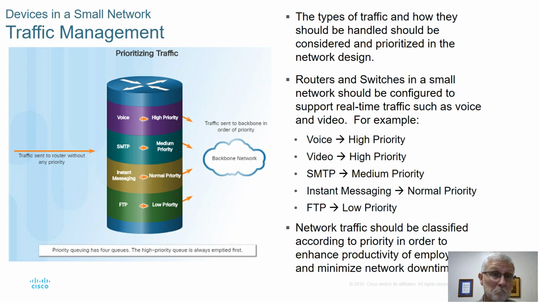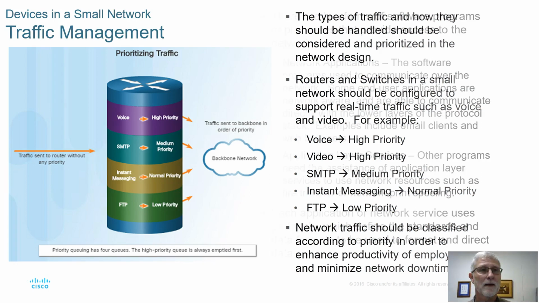I'm running UDP? So because there's not a lot of administrative overhead on that, I may want to make sure that that is a very high priority. I may give my email medium, but you've got to decide which of these priorities you're going to set up on your network classifications.